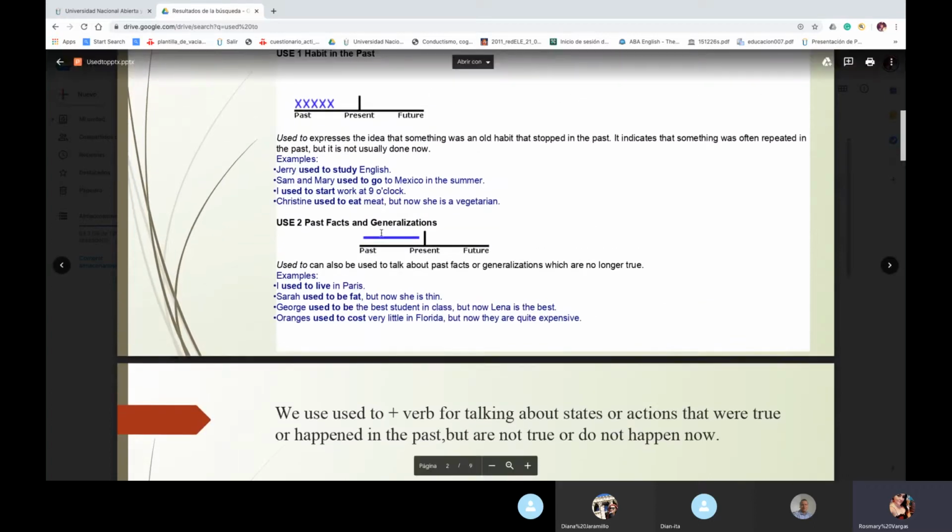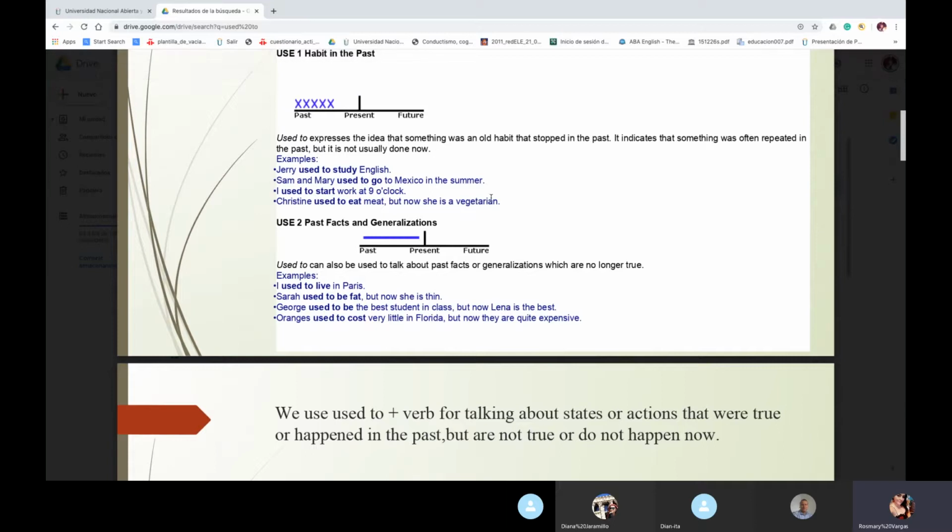So we use "used to" to express the idea that something was an old habit that stopped in the past, and also to indicate that something was often repeated in the past, but it's not usually like that now.